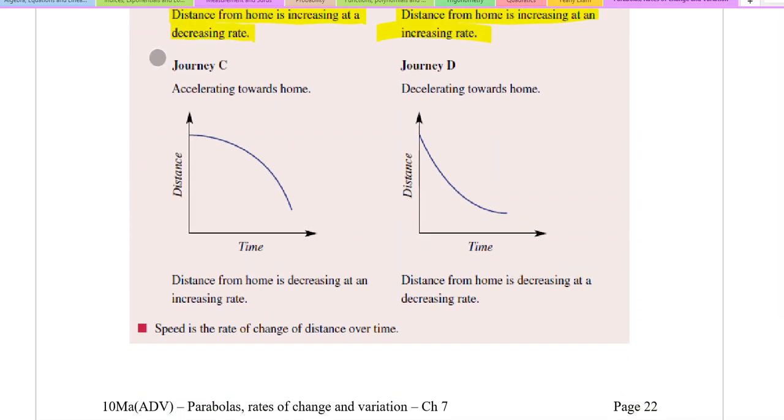Look at journey C. As time is progressing, we've started a distance away from home and we are coming back towards home, and the gradient is getting steeper and steeper, which means the distance from home is decreasing at an increasing rate. And finally, journey D, again, we are starting away from home and moving towards home, but our gradient is quite steep to begin with and is slowing down. So the distance from home is decreasing at a decreasing rate.